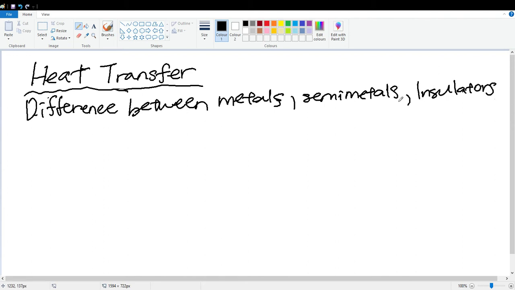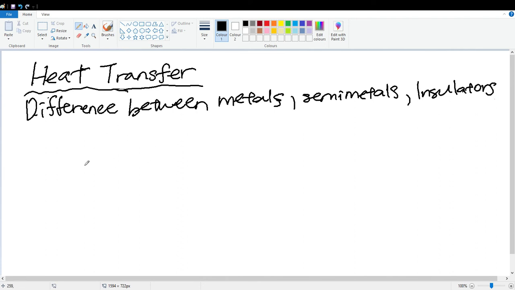We mentioned just now, metals consist of free moving electrons, semi-metals consist of free moving electrons if the surrounding temperature is higher, and insulators have negligible free moving electrons.